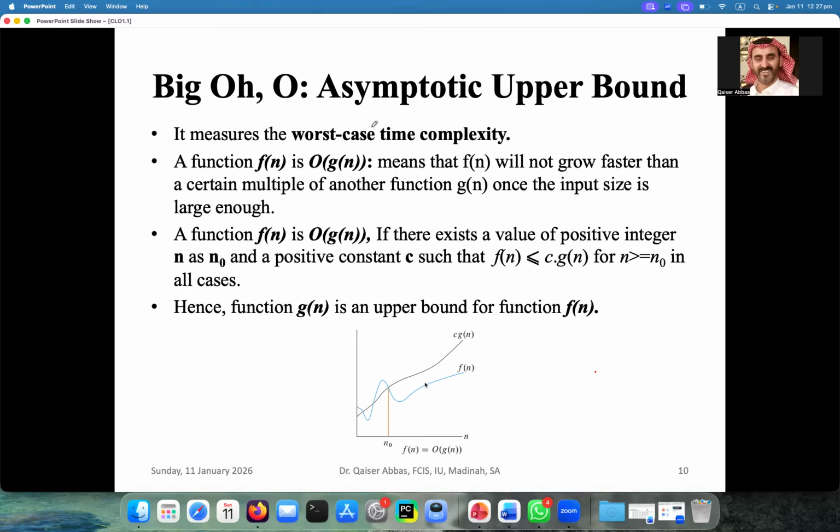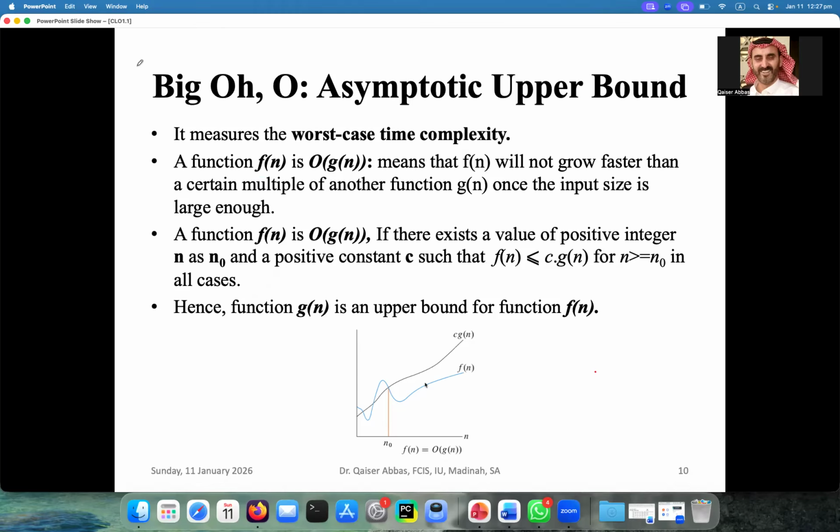But we use asymptotic notations only for judging or calculating the worst case, the best case, or the average case, theoretically and mathematically. Now we are starting with big O. We know that big O is for the upper bound.